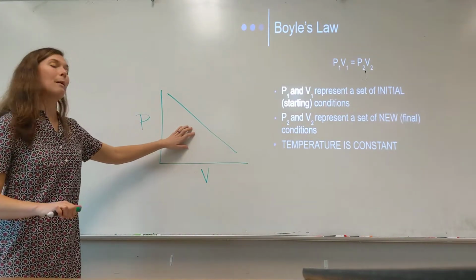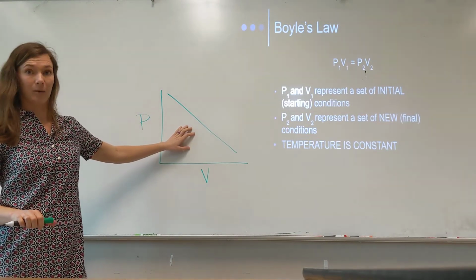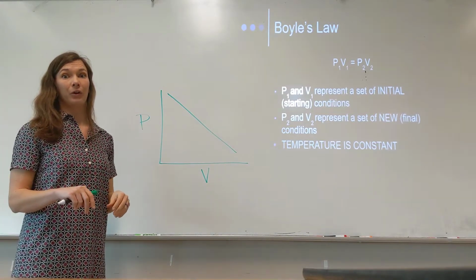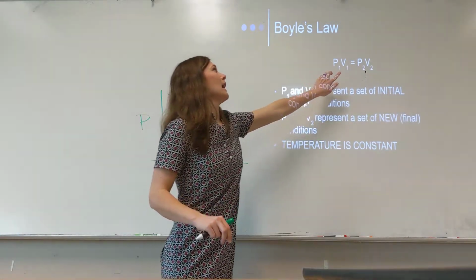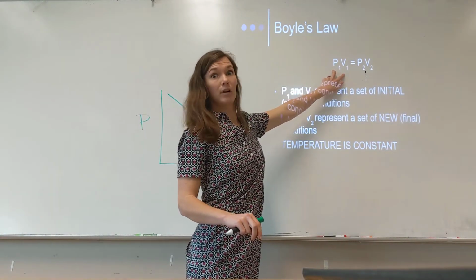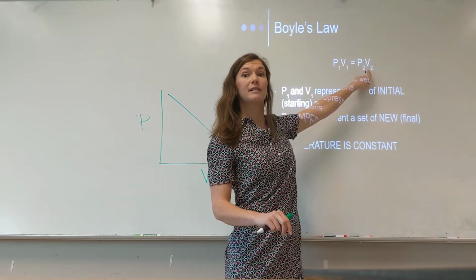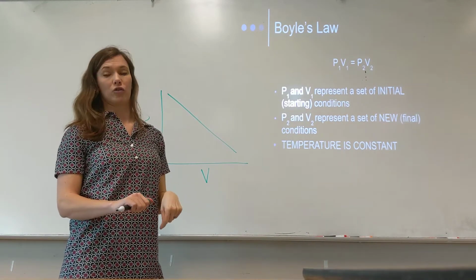So you need to remember this graph as we go forward with doing problems. It's an easy way to check your answer. Meaning, if you have an initial set of conditions, pressure and volume, and they say that your volume increases, then your pressure should be lower than the initial pressure.